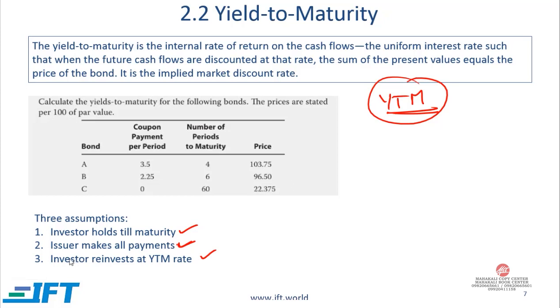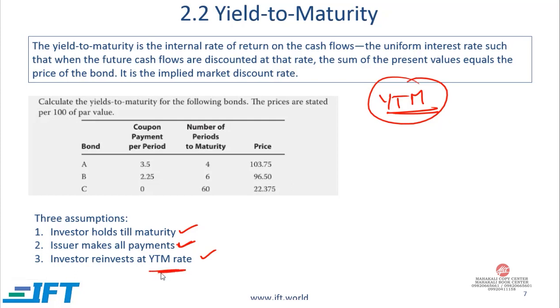The second assumption is that the issuer makes all payments, coupon payments and the final par value payment, in full and on time. And finally, we assume that the investor reinvests the coupon payments at the YTM rate.